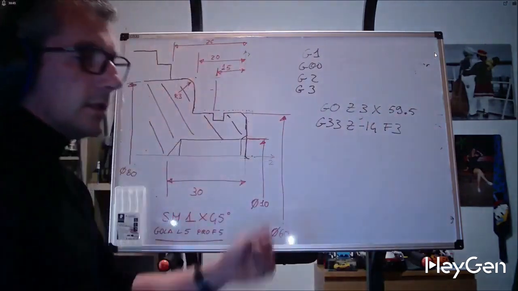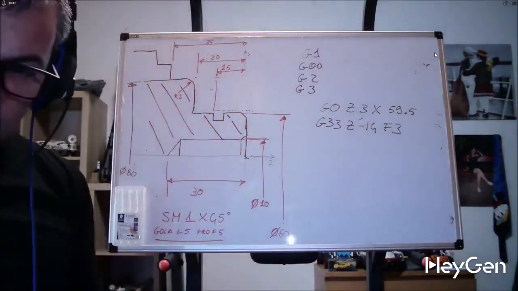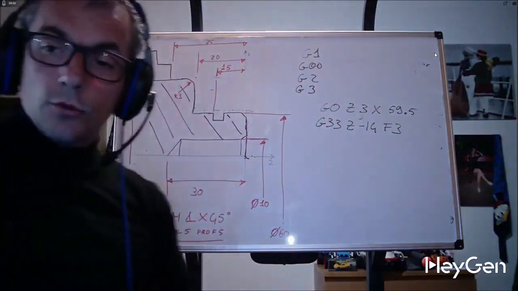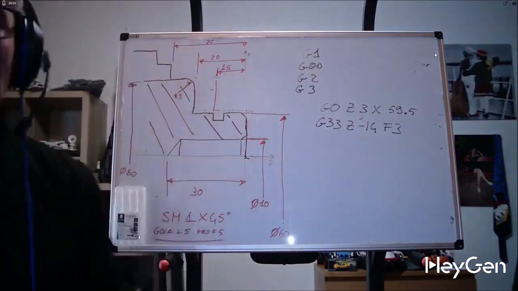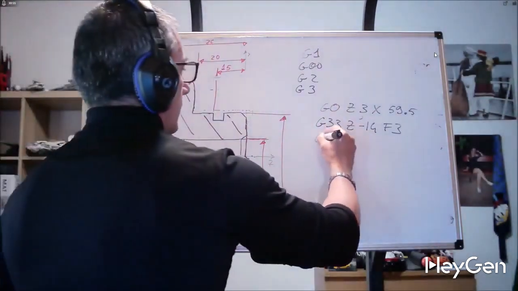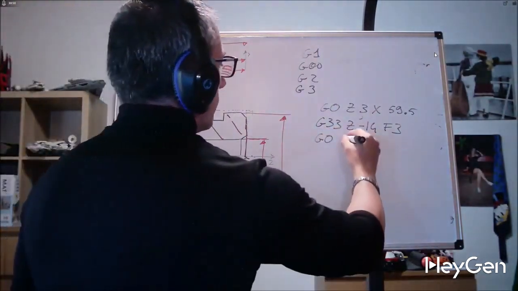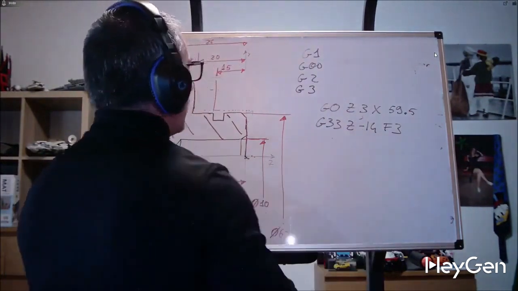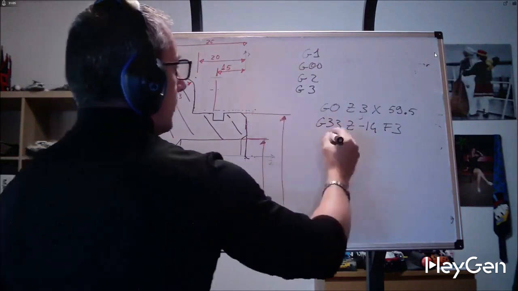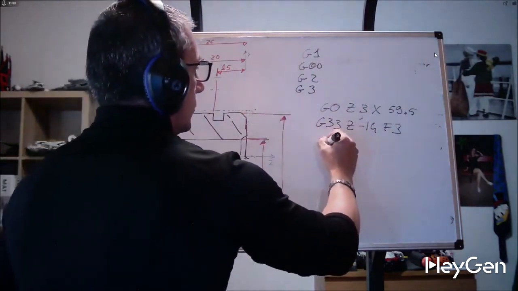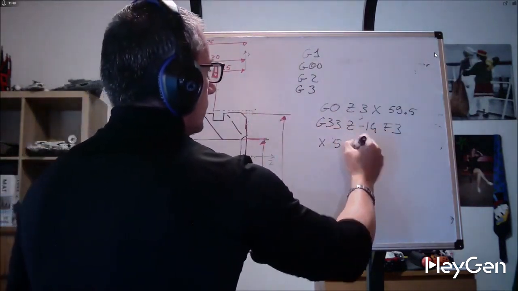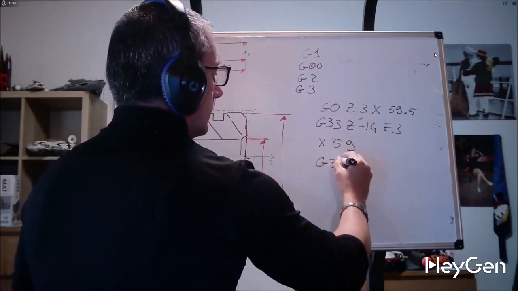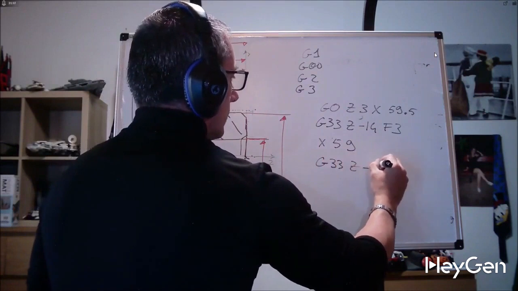F3, where G33 tells the machine, look, I am making a thread. Go to F3. You will ask me what the difference is between a G1 at F3 and a G33 at F3. It is that when I finish G33, because a thread is never made in one go, first of all it returns here. So at this point I will tell it G0 X 59, G33 Z minus 14, F3.